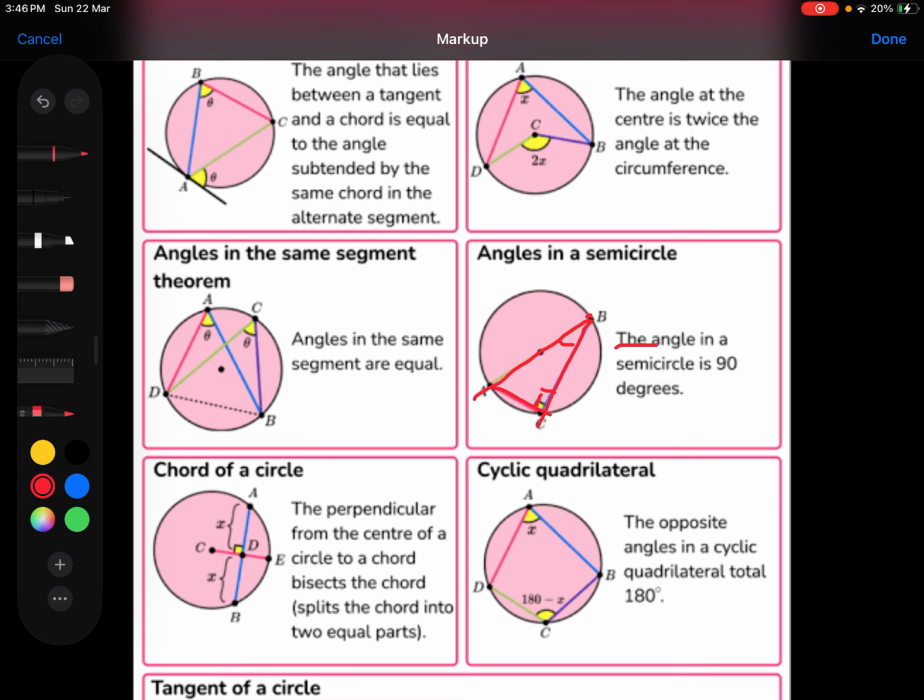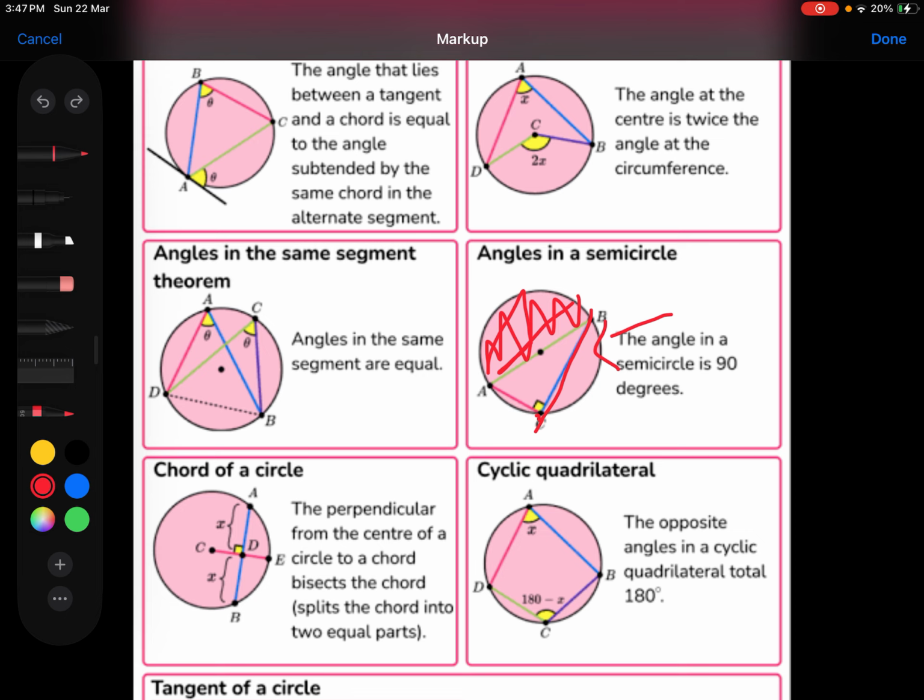So in the exam, we could just write: the angle in a semicircle is 90 degrees. This side of the circle is a semicircle. So you have a point C over here, and then that is connected. So this angle is 90 degrees.